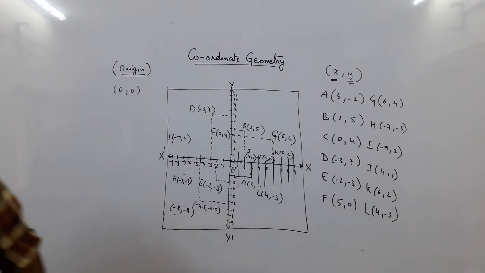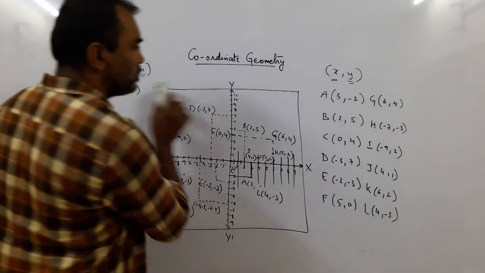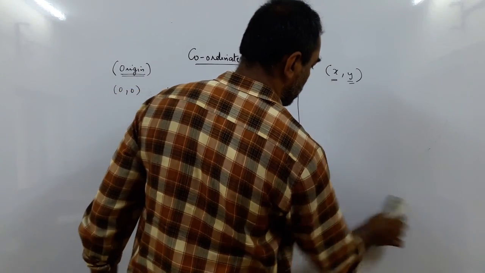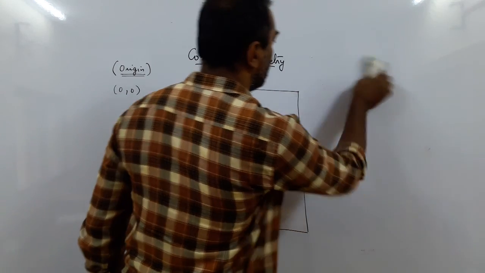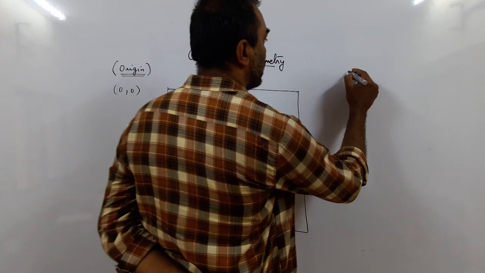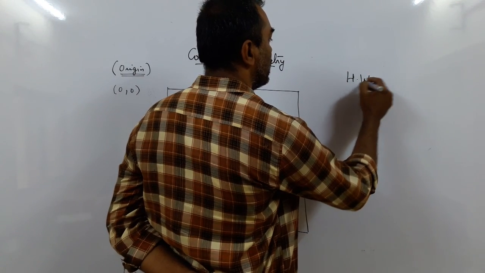So what I am going to do is, let this remain. I will change the points here. For the homework, you will plot these points on the graph paper and send the picture to me, right?